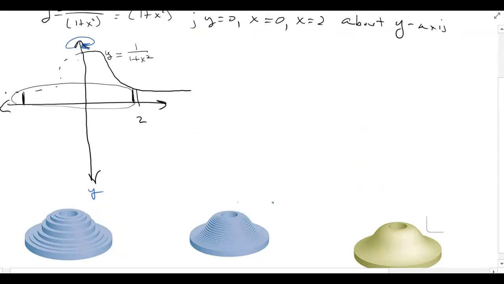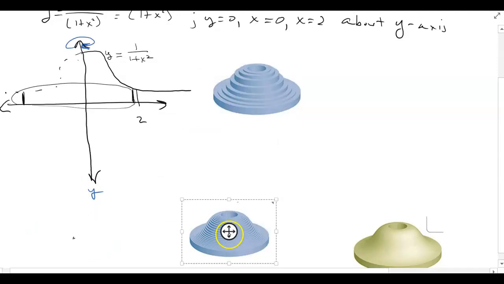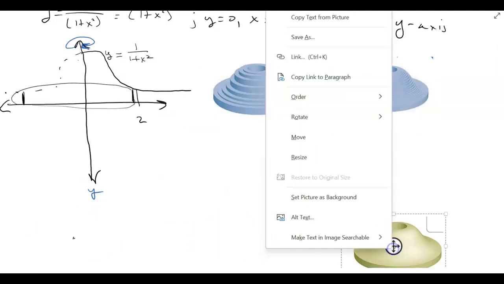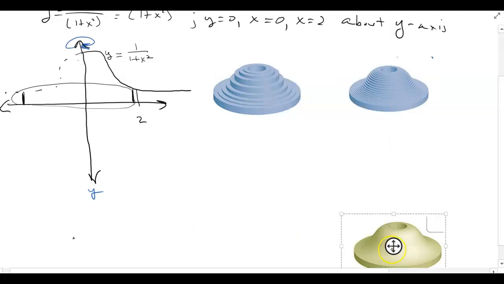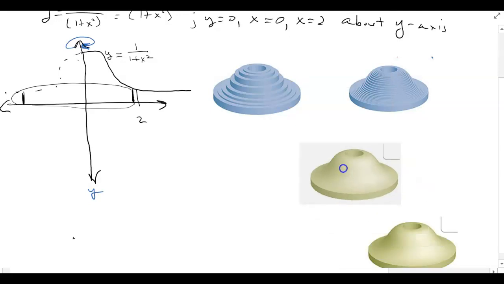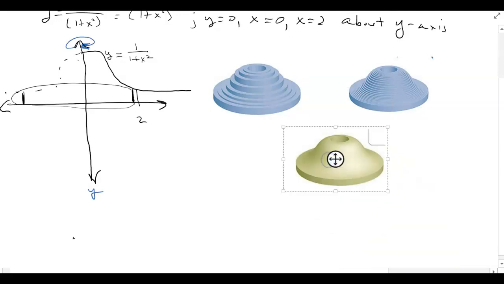And to help us out, I'm showing you these figures because I think it would be a little bit easier to see. So look at this first one here. These shells kind of progress as we add more. And you end up with a figure that looks something like this.